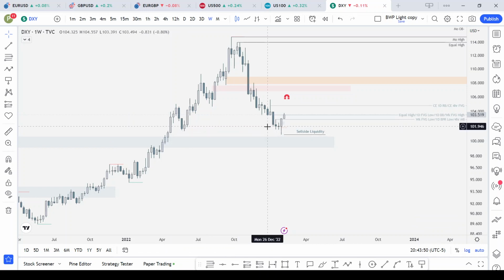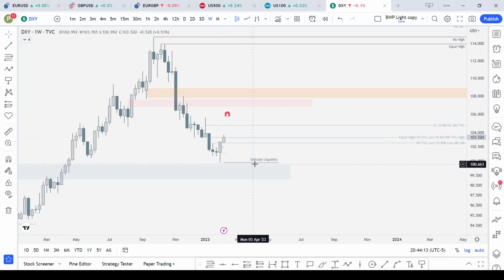But if it drops, sweeps it, but fails to close below it on the same time frame that that low forms, that is a liquidity sweep. Okay, generally you can use that as a rule of thumb. Okay, that is a liquidity sweep.